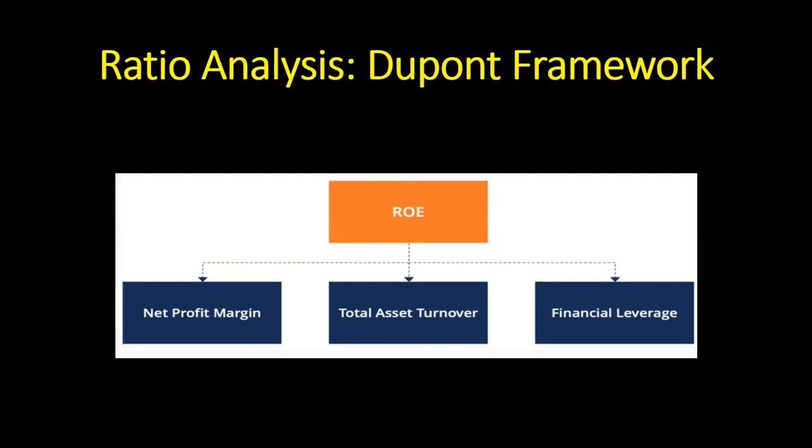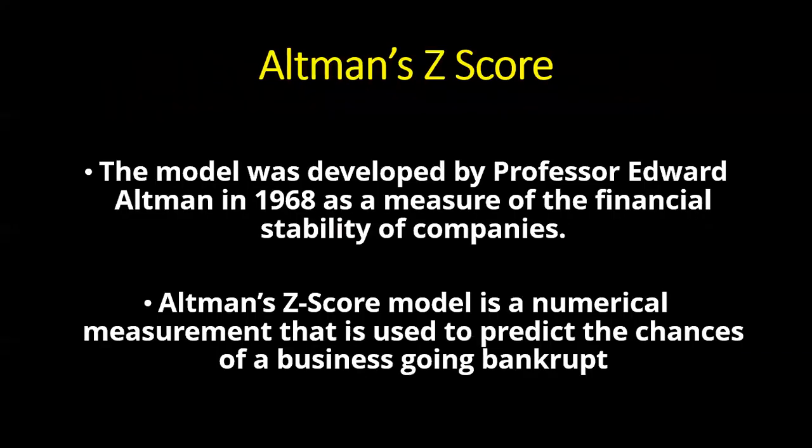Despite the fact that the DuPont framework is very popular and its ratios are useful, researchers have been examining the relevance of other tools, and one such tool is the Altman Z-Score.